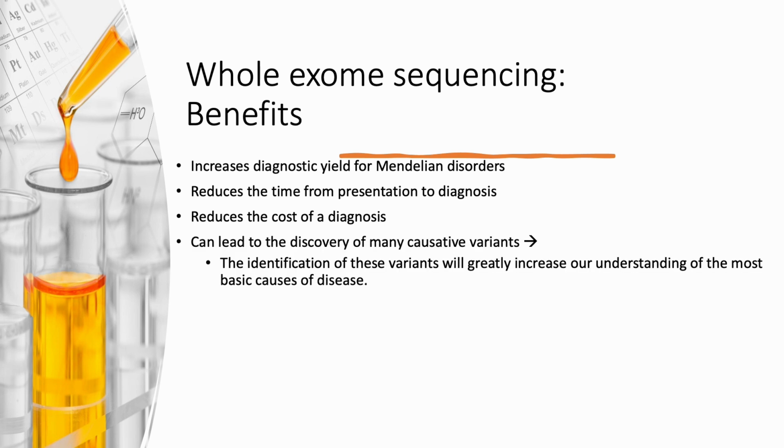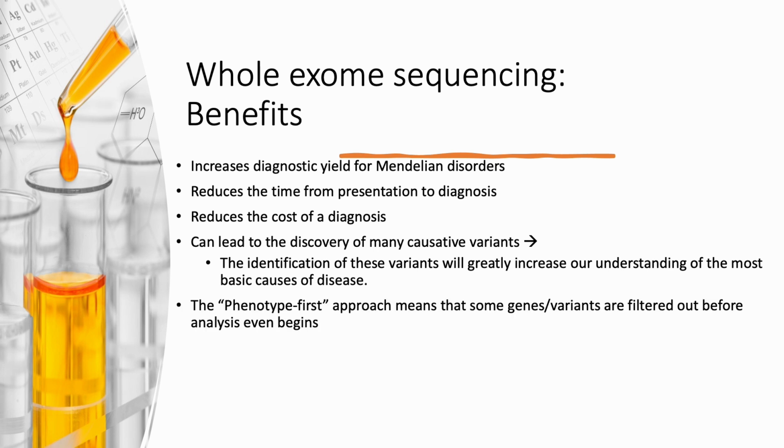Importantly, whole exome sequencing can lead to the discovery of many causative variants. By identifying these variants, we enhance our understanding of the fundamental causes of various diseases. This knowledge not only aids current patients but also contributes to the broader field of genetics and medicine. A unique feature of whole exome sequencing is its phenotype-first approach.